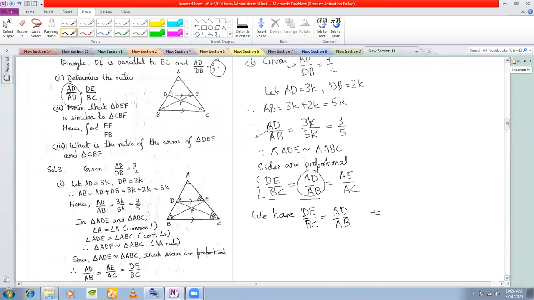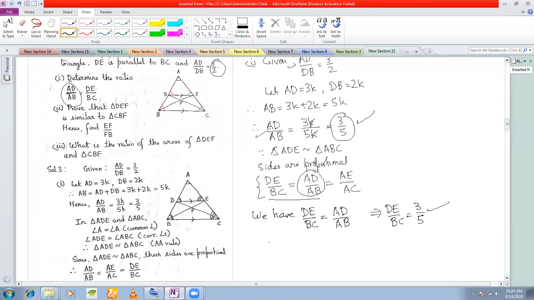That means DE by BC, and what is the AD by AB ratio we have found out? 3 by 5. So your first part is done. In your first part, you had to find AD by AB, which we have done, and DE by BC, which we have found out.